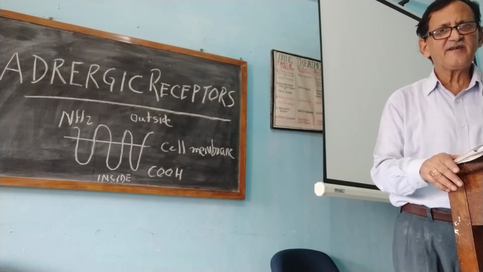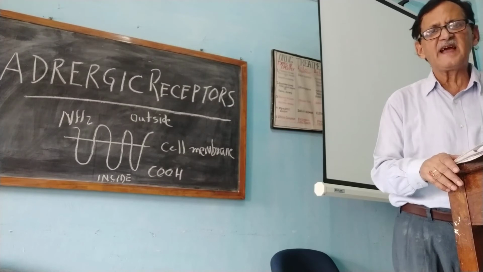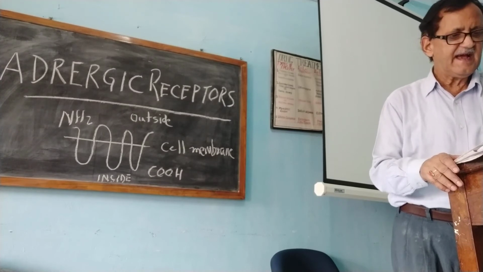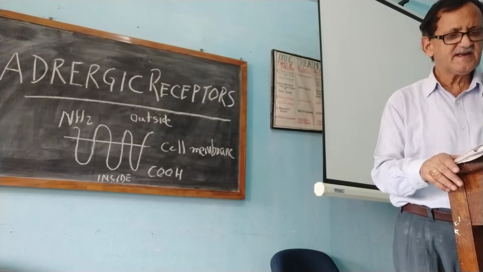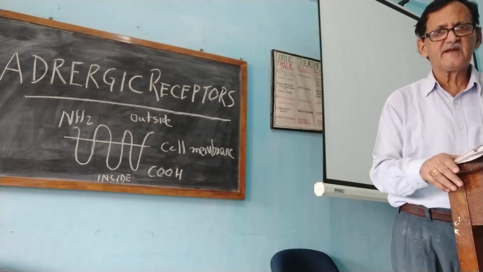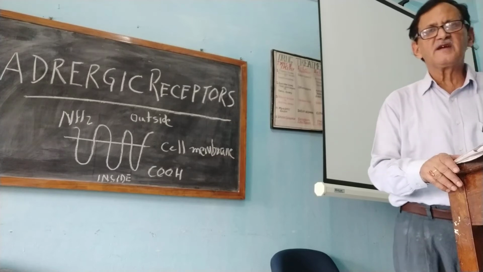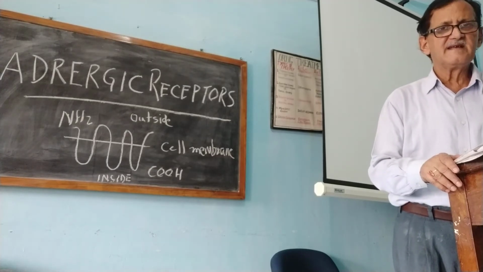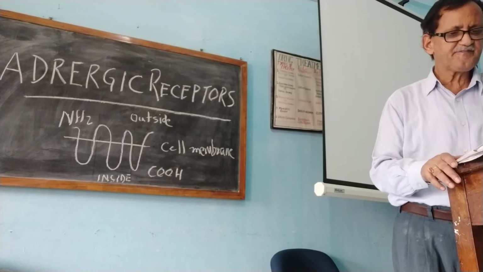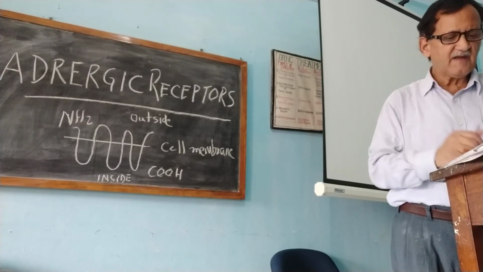The specific agonist of this receptor is phenylephrine and the specific antagonist is prazosin. Both drugs are important and we will learn later about these drugs. Then we come to alpha-2 receptors.